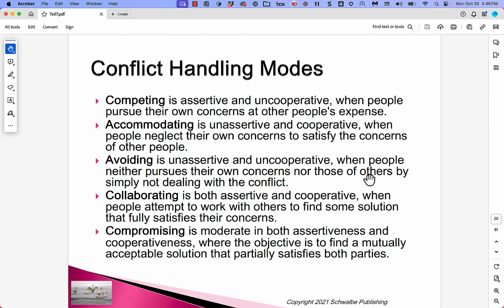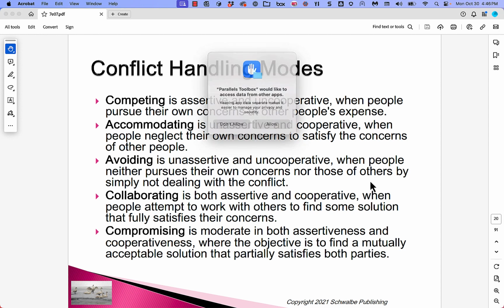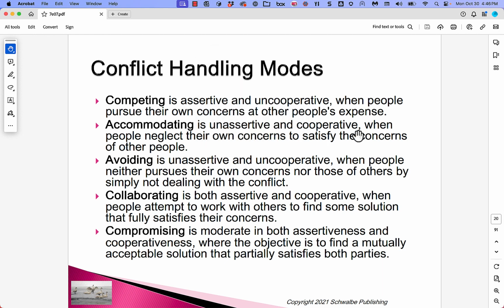So, one thing would be what are the modes in which you and your team handle conflicts? The modes are competing, accommodating, avoiding, collaborating, compromising.